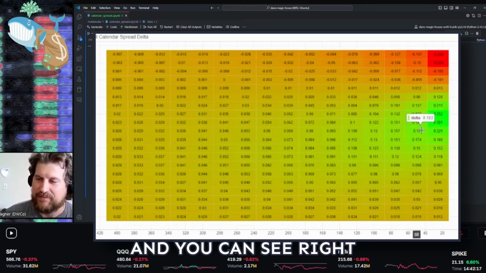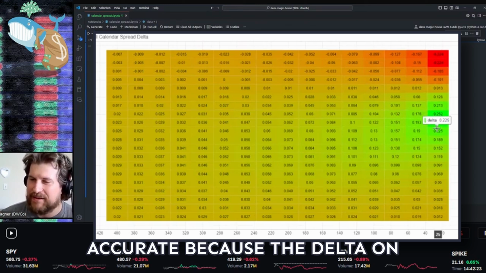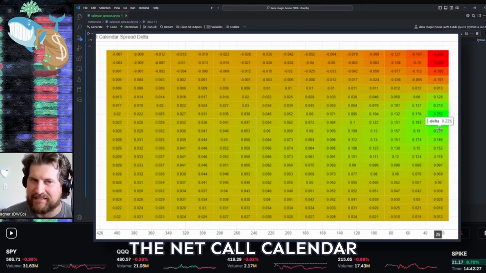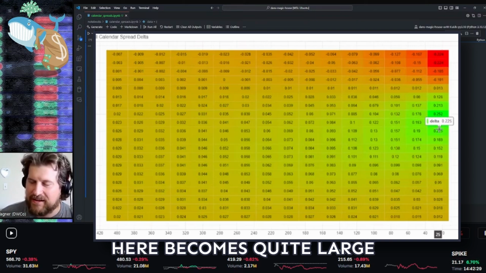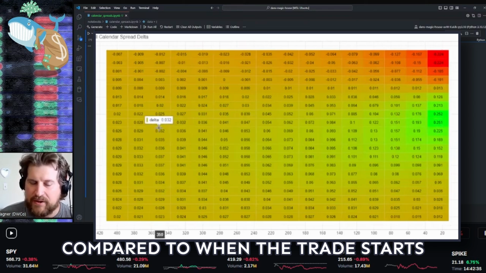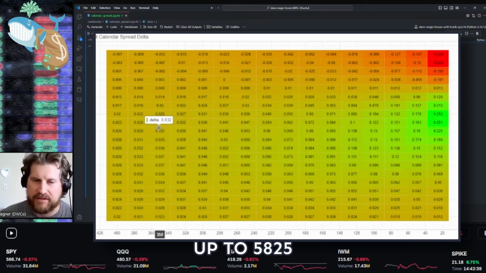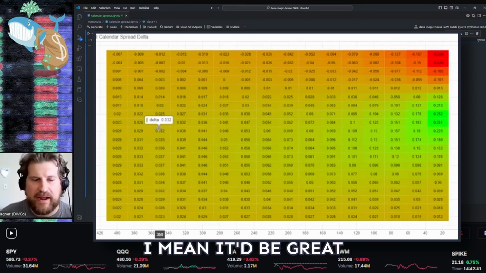And you could see that this is demonstrably accurate because the delta on the net call calendar here becomes quite large as that front contract is expiring compared to when the trade starts. If SPX price just teleported up to 58.25, it'd be great.